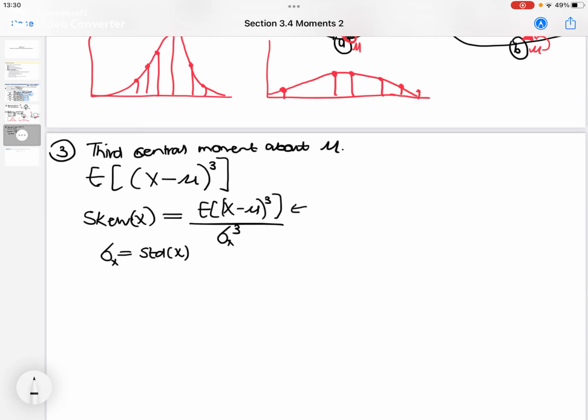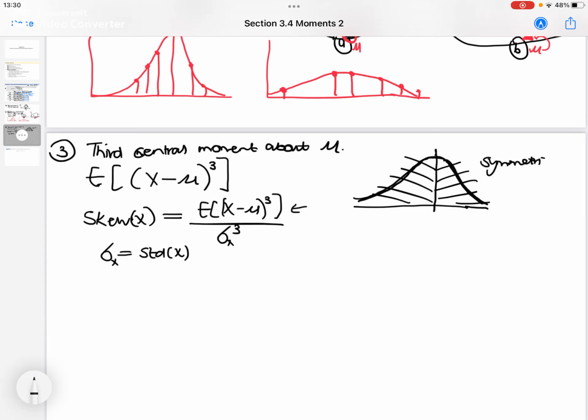Now skewness lets us know if the probability distribution is symmetrical. So if it's symmetrical, then your line graph or the curve over your line graph will look almost like this, where the left hand side is equal to the right hand side, right?